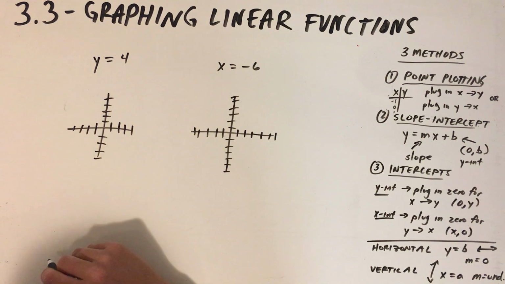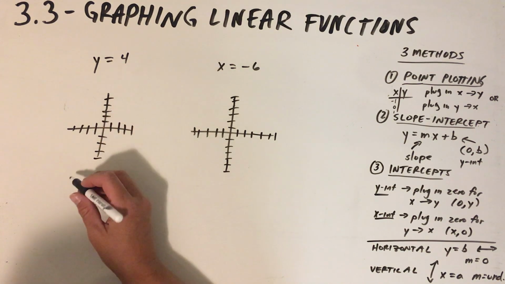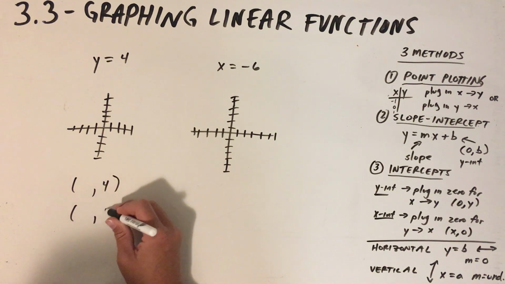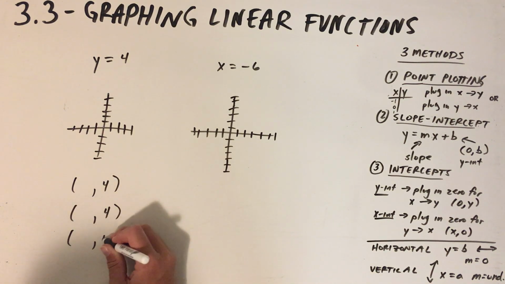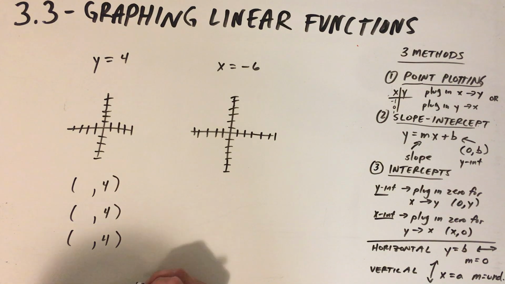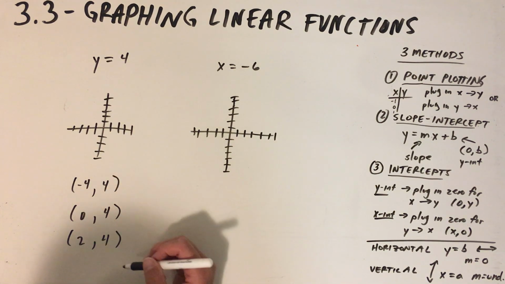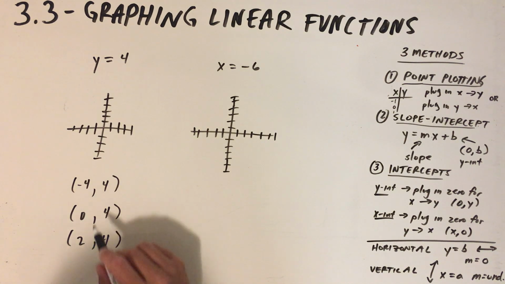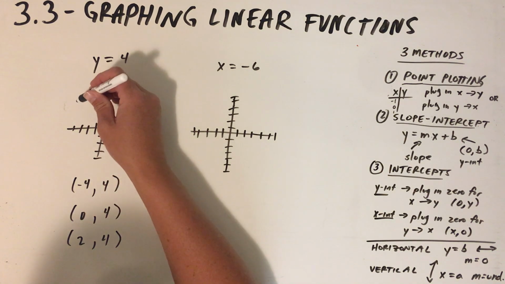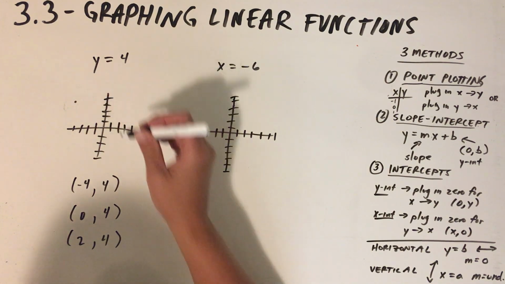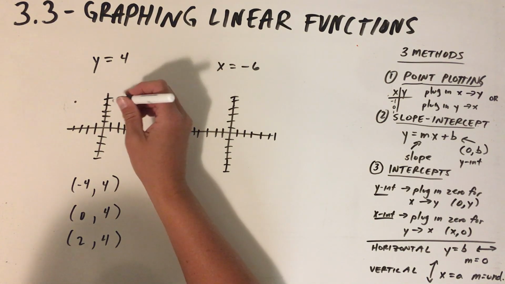So y equals 4 just means that every ordered pair I have in this equation, y is going to be 4. Well, what is x? X can be anything. X could be -4, it could be 0, it could be 2. So if I were to graph these points, -4, 4 would be right here, 0, 4 would be right here, and 2, 4 would be right here.